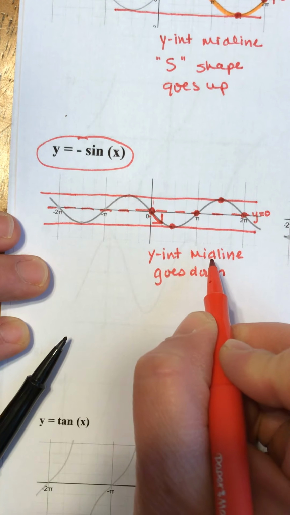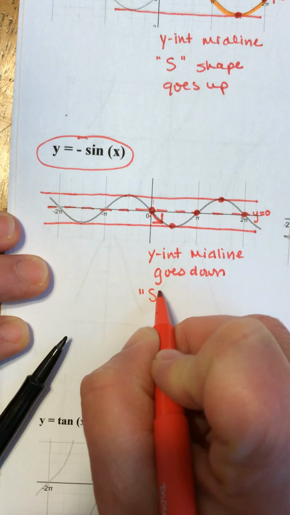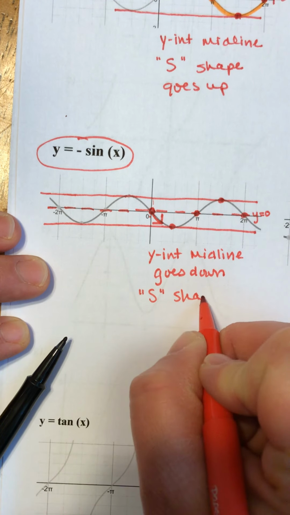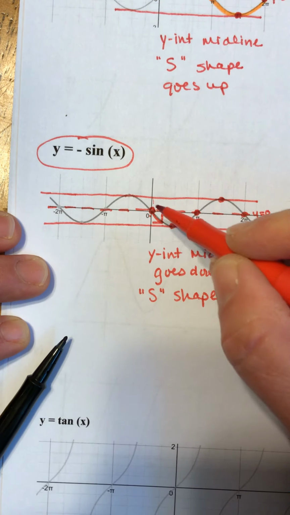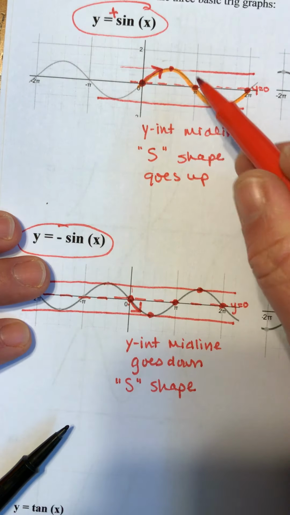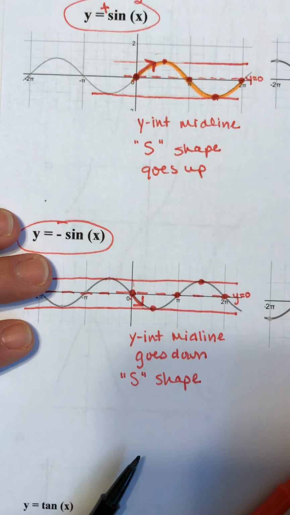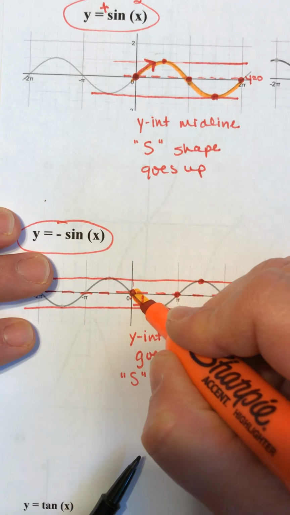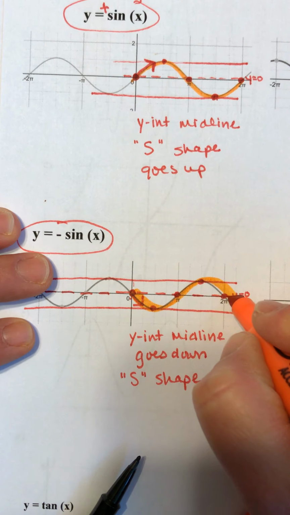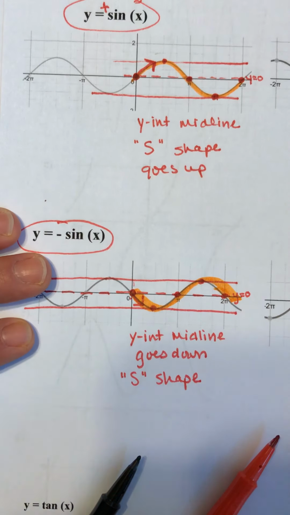So it has a y-intercept at the midline, it goes down, and it is again the S shape. What I mean by an S shape is that it goes back and forth, up and down and around. So in the negative sine x graph, see how it goes down, then back up and back to the midline, from 0 to 2 pi.